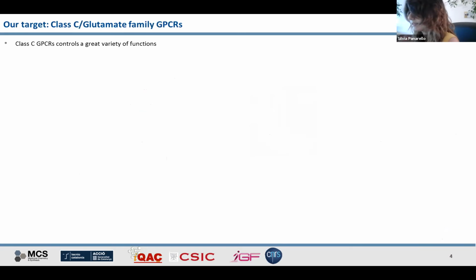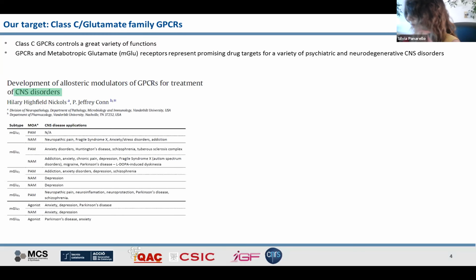Going deeper, the targets of this project are G protein-coupled receptors, which regulate many physiological processes and are sensitive to a wide variety of endogenous ligands, including neurotransmitters, hormones, amino acids, ions, and several other bioactive molecules. In particular, we are interested in class C or glutamate family of GPCRs, which represent promising drug targets for a variety of psychiatric and neurodegenerative central nervous system disorders.